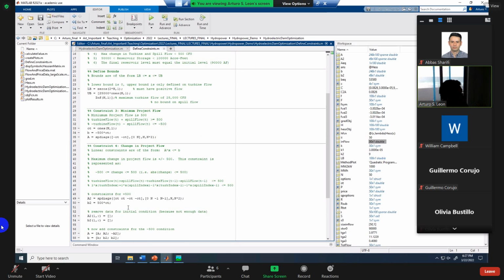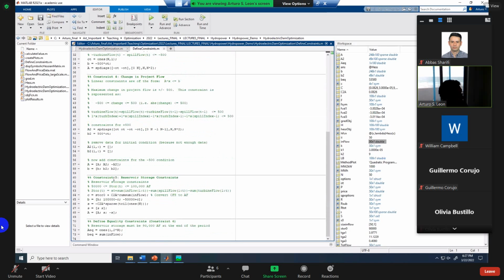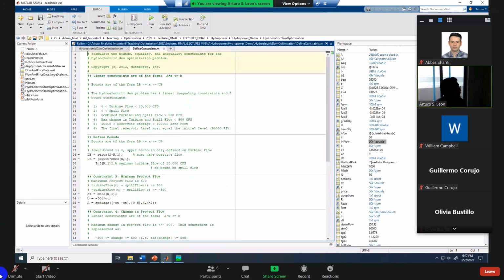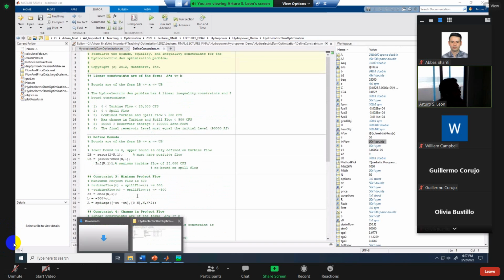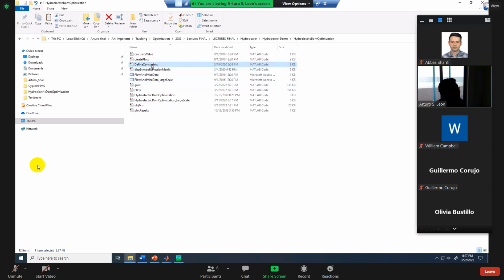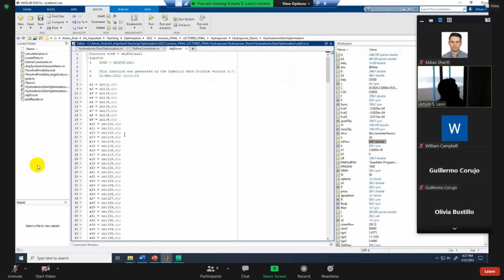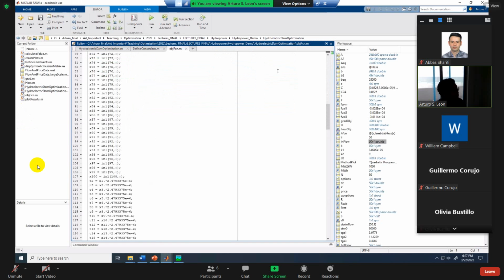But here you can do it very quickly, the same thing regardless of how many variables you have. If you have 500, 1,000, 2,000, it's the same. Then of course the objective function is here. You have the constraints and you have the objective function.